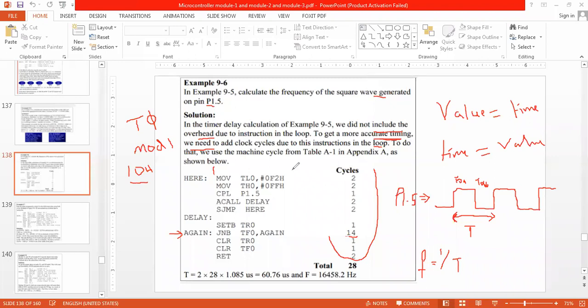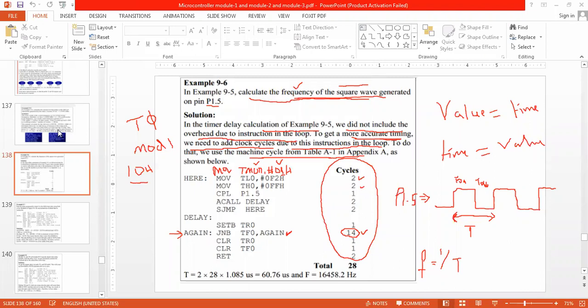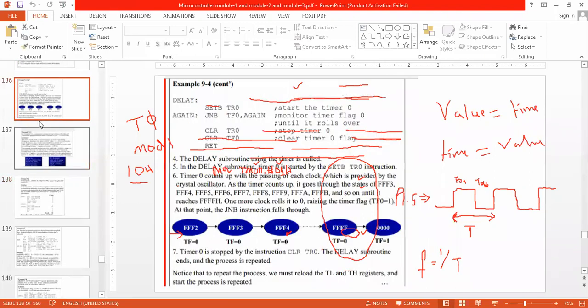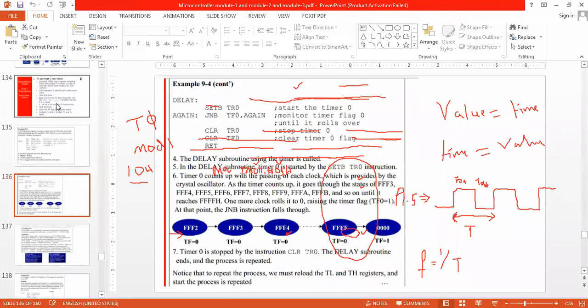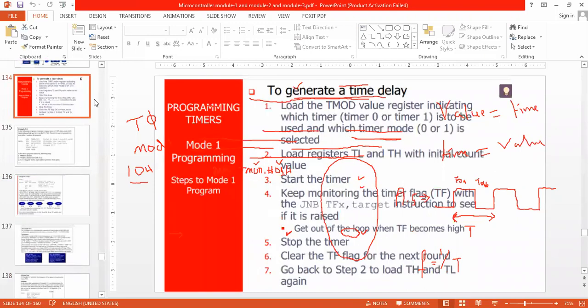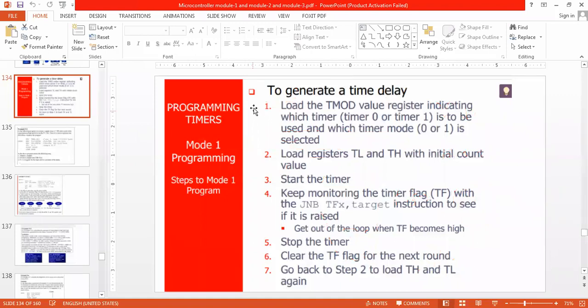See, by default, what we are doing now, we are working upon mode 1 programming. So these are the steps for mode 1 programming. If it is mode 1, what should be the first step?